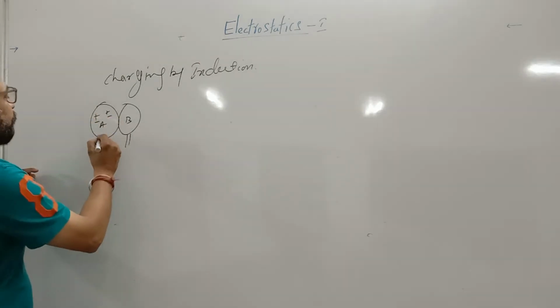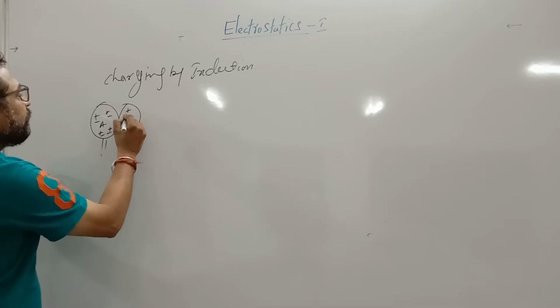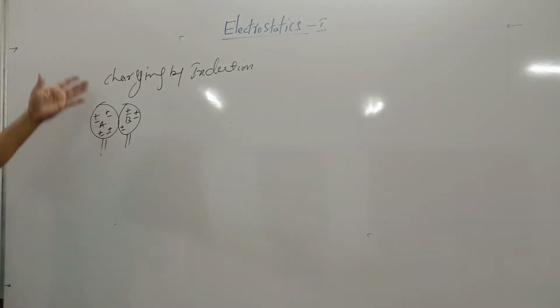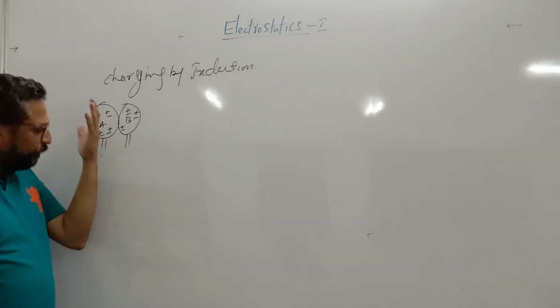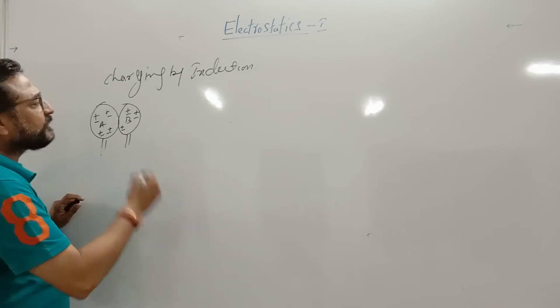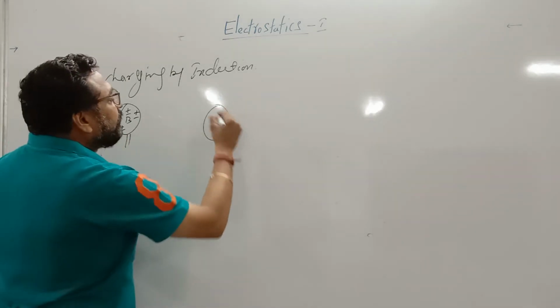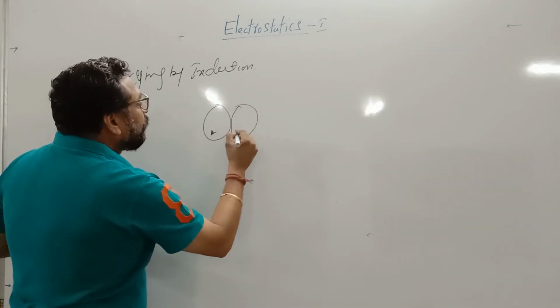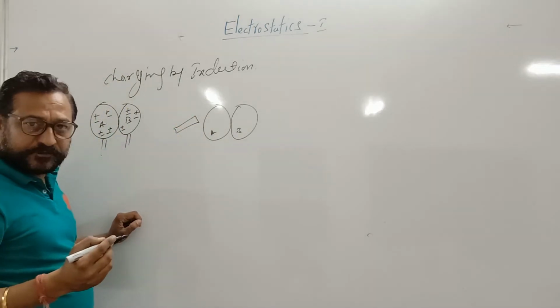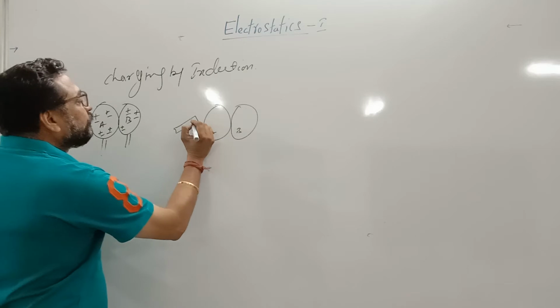That means the number of positive and negative charges is the same in both bodies. Then, we bring the A and B objects nearby this charged object. Do we bring a positive or a negative one? Okay, positive.